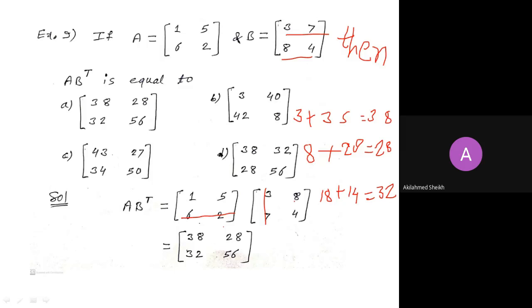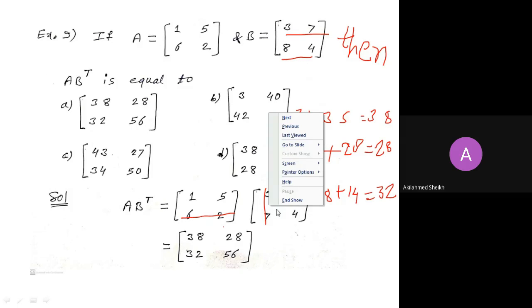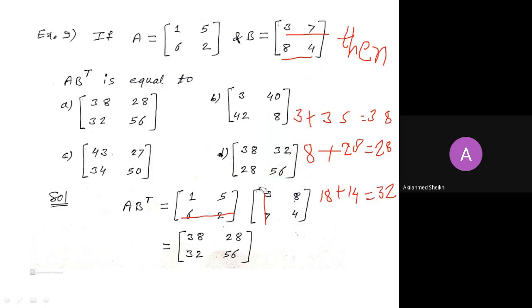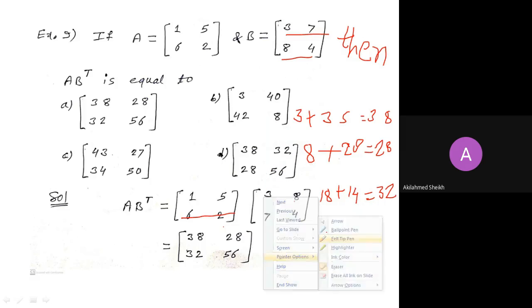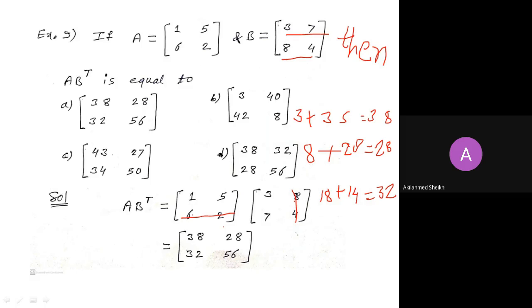Next, similarly, multiplying the second row with the second column, so we have 6 into 8, it is 8 6s are 48, plus 2 into 4 means 4 2s are 8, so 48 plus 8 is 56.